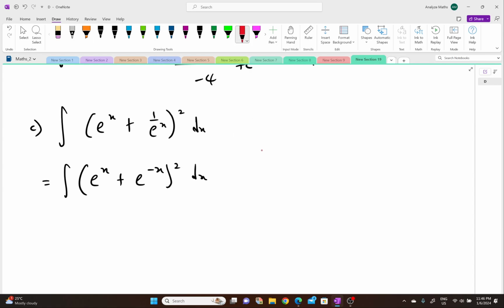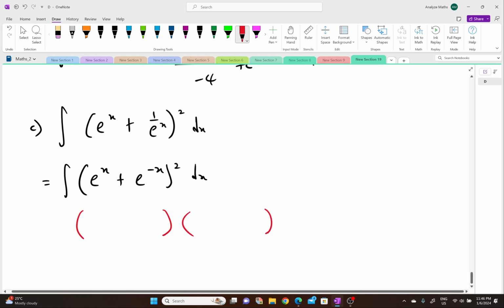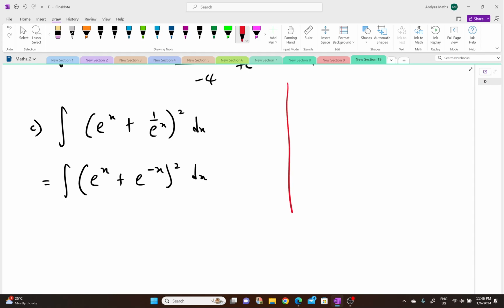If you have to expand this, you can either write this 2 times and expand one by one, or I normally use a shortcut. Like this.